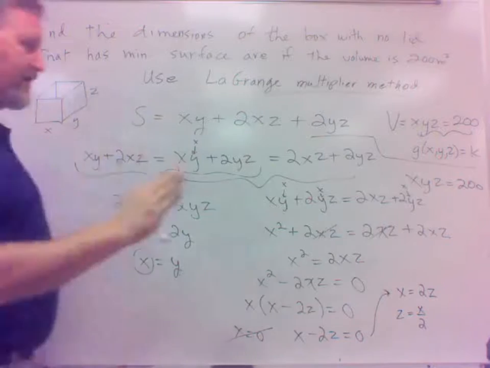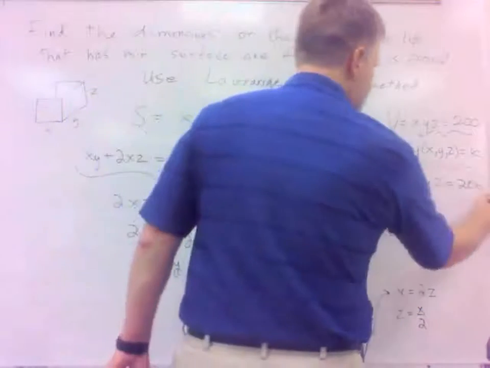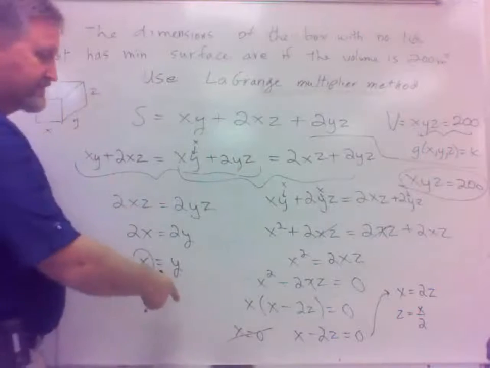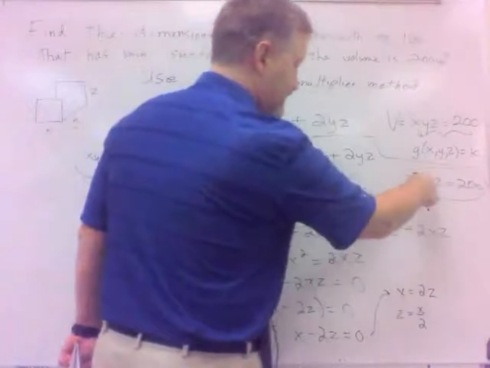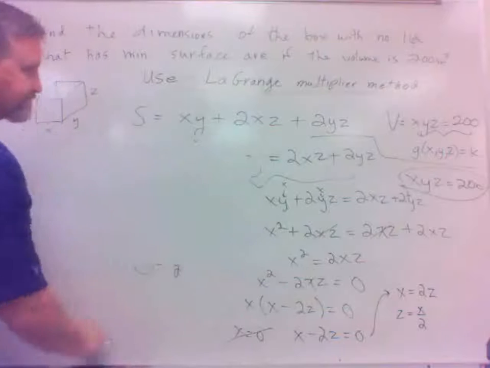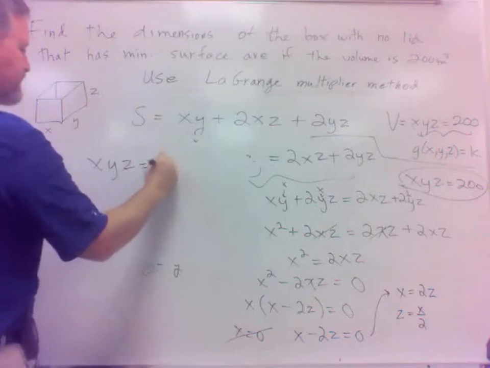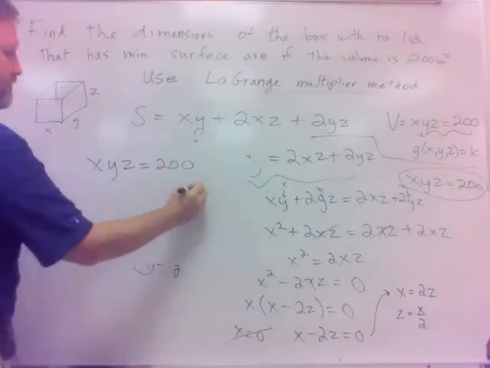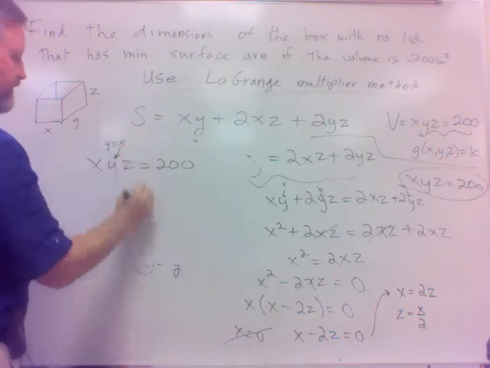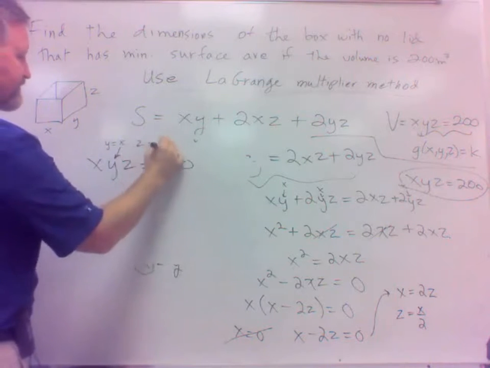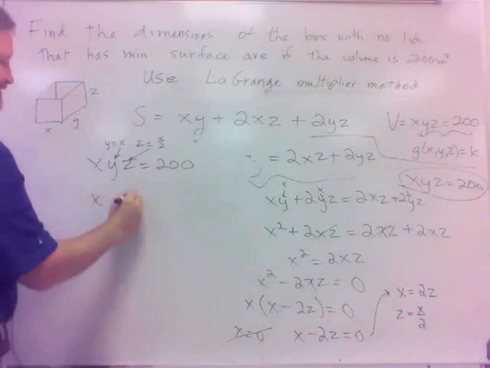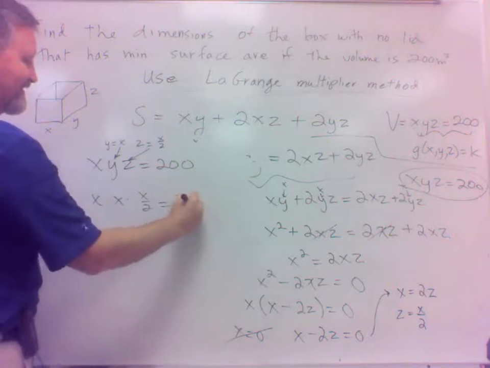So that's where this one comes in. Now that we know y equals x, and z equals x over 2, can't we use this? So xyz equals 200. But now we know y equals x, so we can substitute x there. z equals x over 2, so we can substitute there. So we have x times x times x over 2 equals 200.